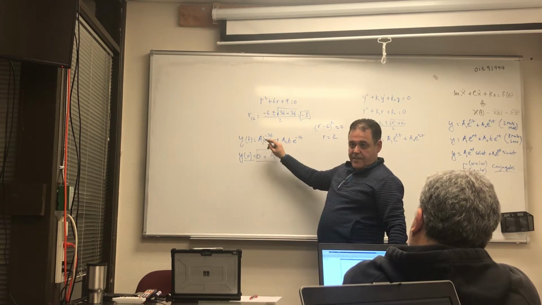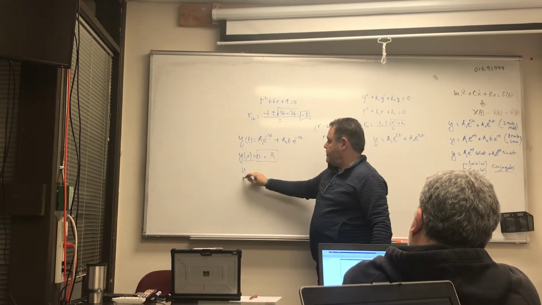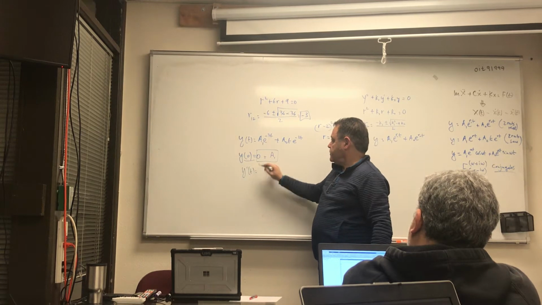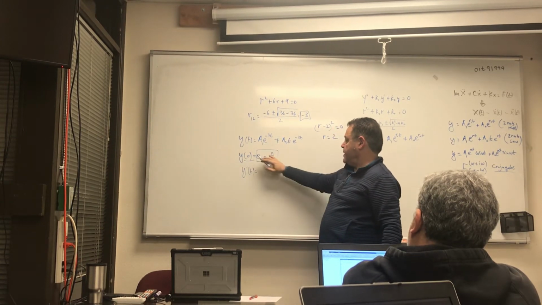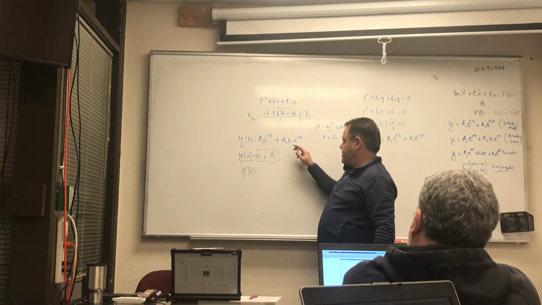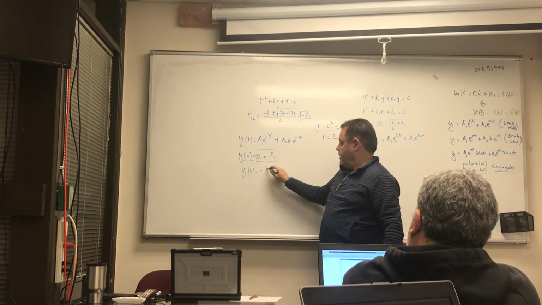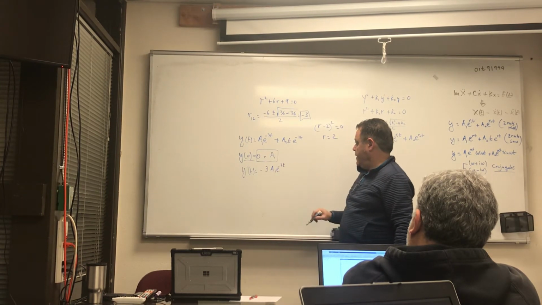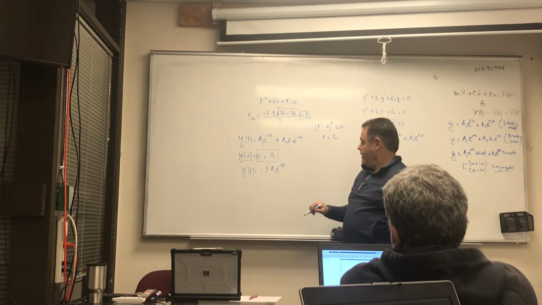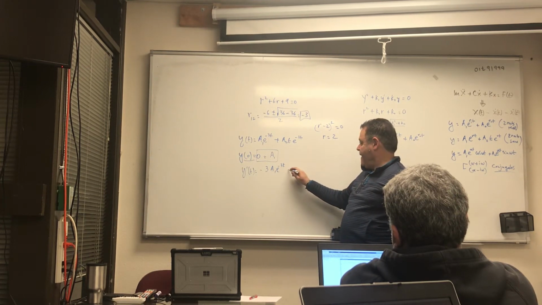Now, another exercise here. What is y'(t) based on this equation? Forget about this. Based on this: minus 3 a1 e^(-3t), minus 3 a2 t e^(-3t), okay, slowly.